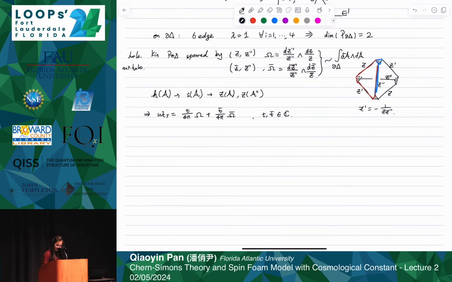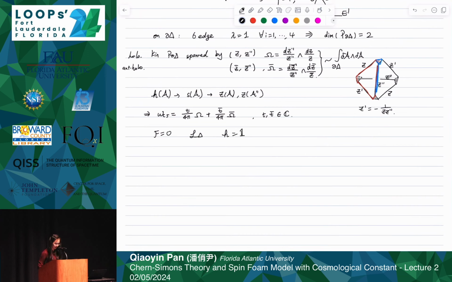Then if I require the bulk of the ideal tetrahedron to be flat, I can also construct the Lagrangian submanifold for the ideal tetrahedron. How do we construct it? We construct it by requiring that it's flat in the bulk, which means that the holonomy must be identity.